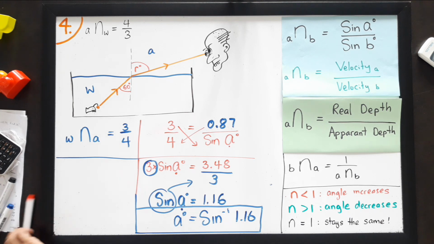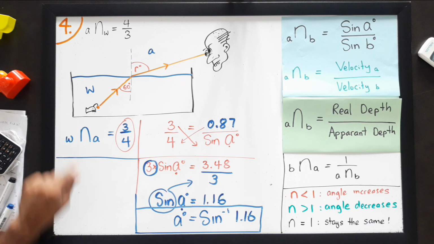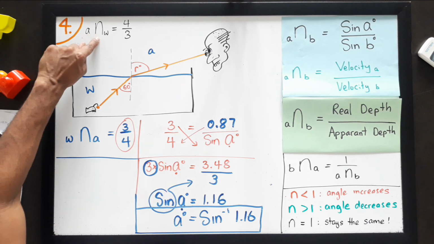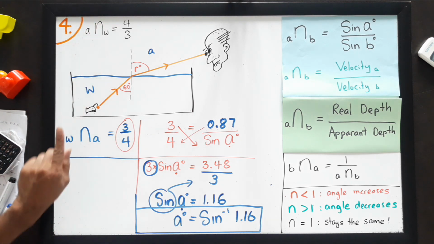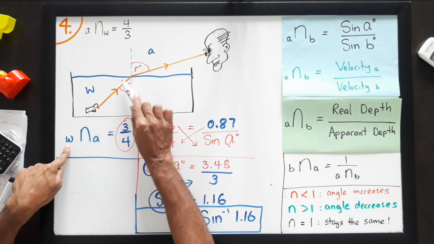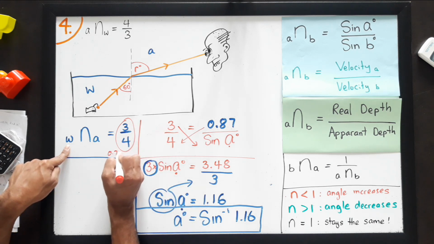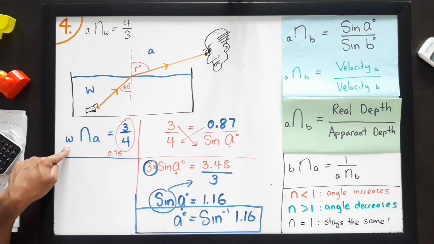Anytime your refractive index is less than 1, well, I know the refractive index from air to water was 4 on 3, but the real refractive index needed for this question was from water to air, which was 3/4, or better known as 0.75.